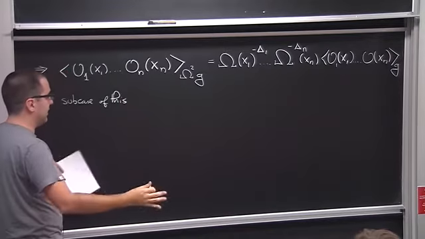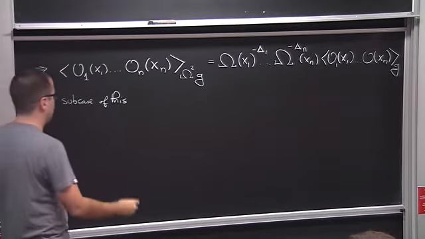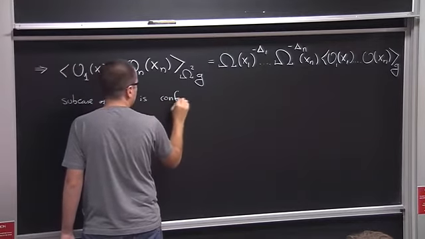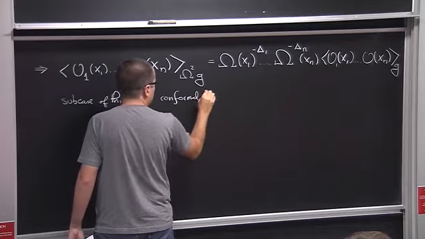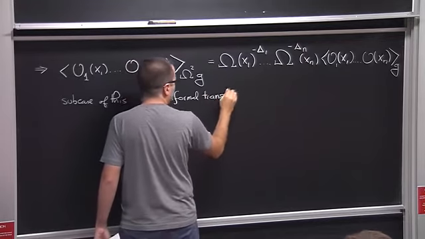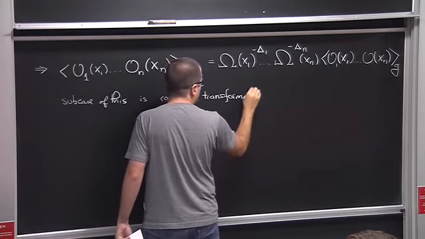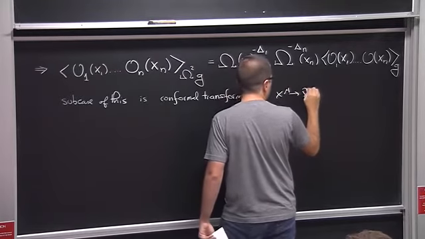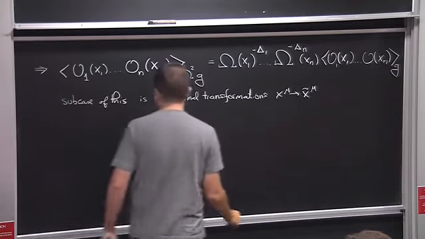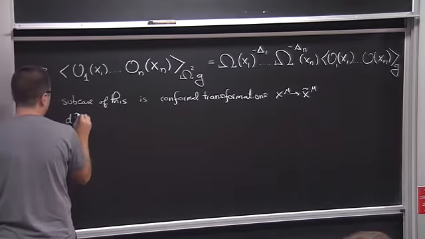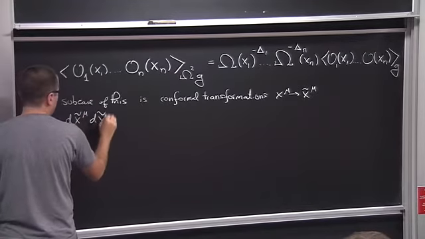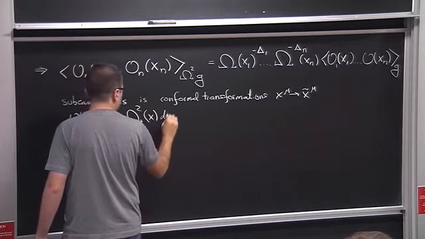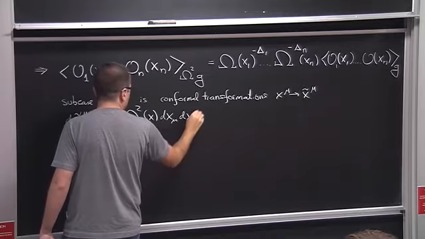of this general treatment of changing spacetimes by doing a local transformation is what are called conformal transformations. This is less general than what I just said, which are transformations where x goes to some new x tilde mu, such that the new metric is a Weyl transformed version of the previous metric.